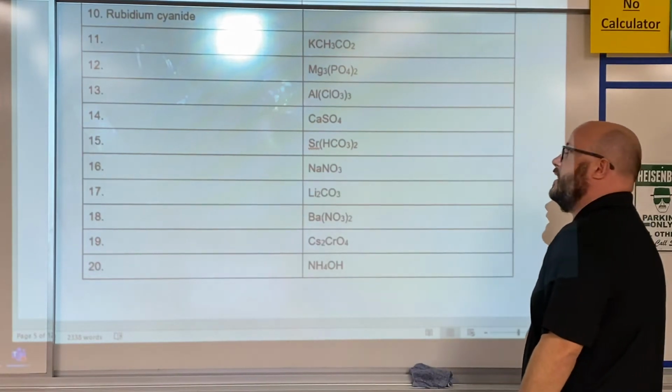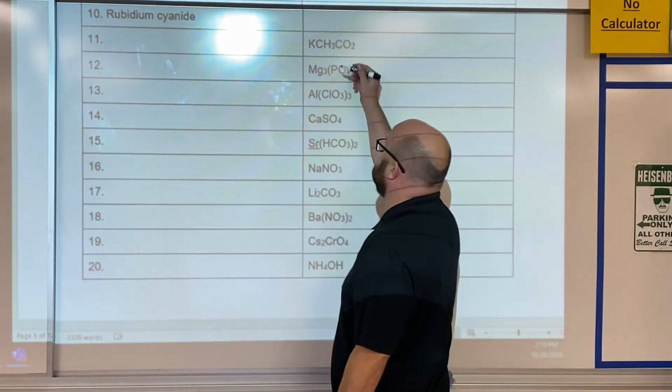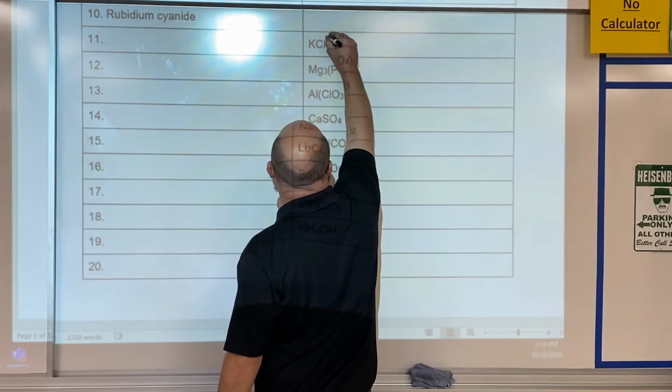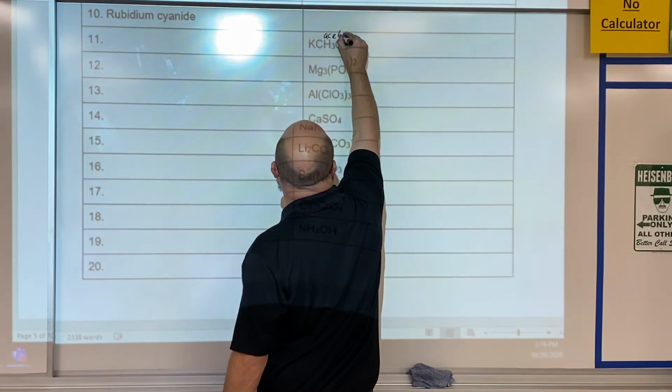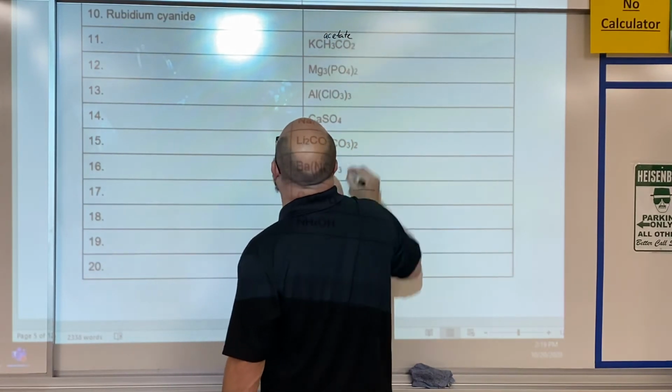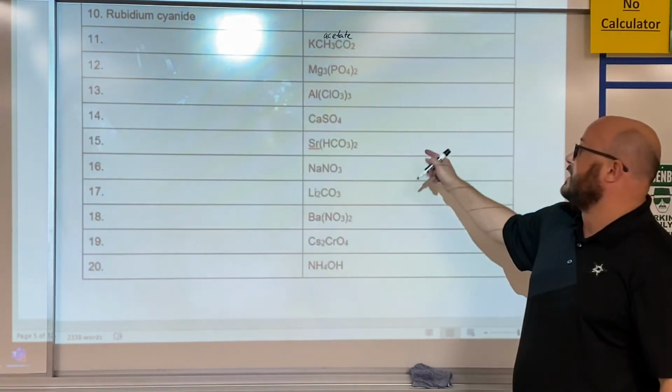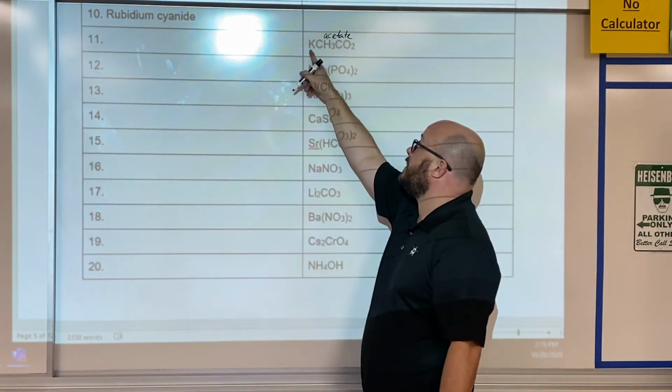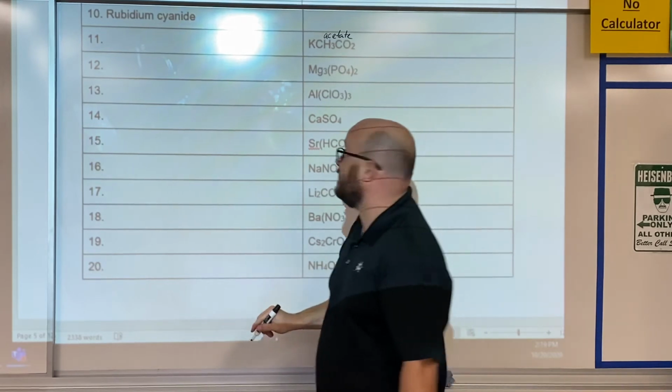That's one of those weird ways they can write acetate. So I'm just going to put acetate right here. All you do is name the metal and then name the polyatomic.